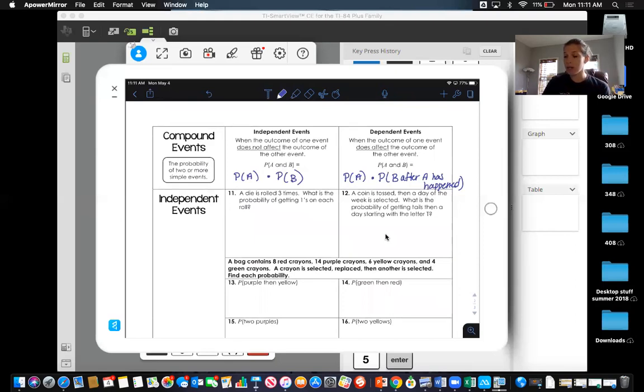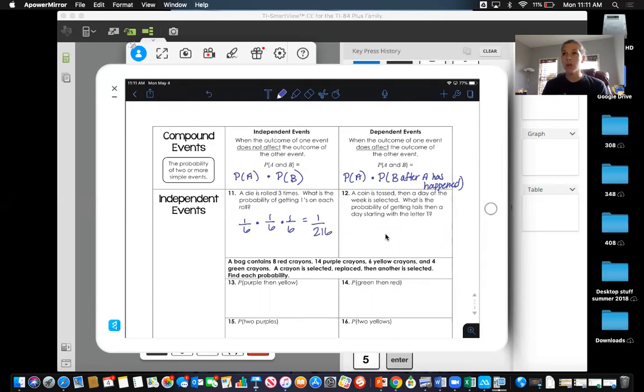There's a different number on each side. So my first roll, I would have a 1 out of 6 chance of getting a 1. And means multiply. My second roll also has a 1 out of 6 chance. And my third roll has a 1 out of 6 chance. So I would multiply all of those together and I would get 1 out of 216.